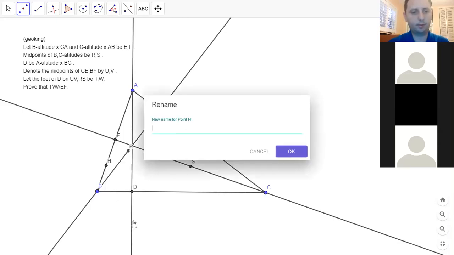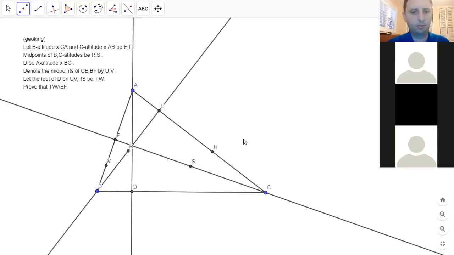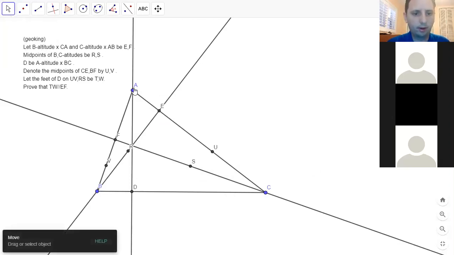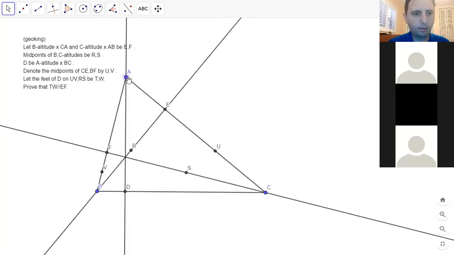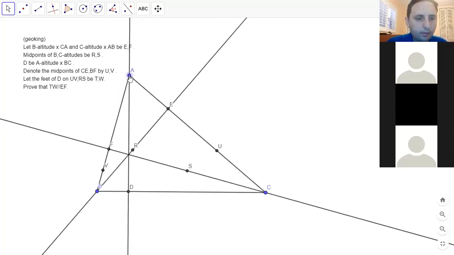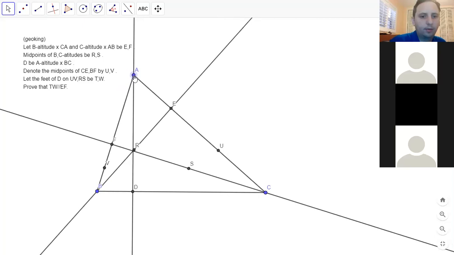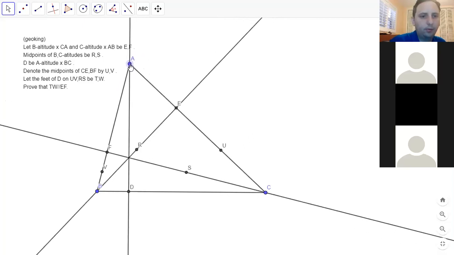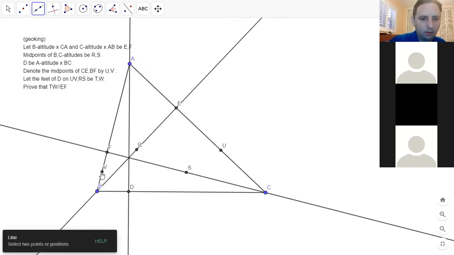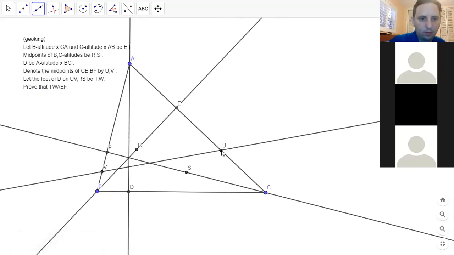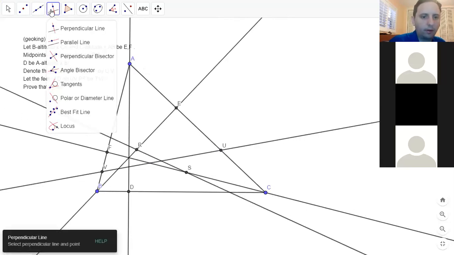It almost looks like that's a parallelogram, right? So maybe we could prove that that's a parallelogram. Because of the midlines, it is. Yeah. Let the feet of the perpendicular from D onto UV and RS be T and W. Okay.